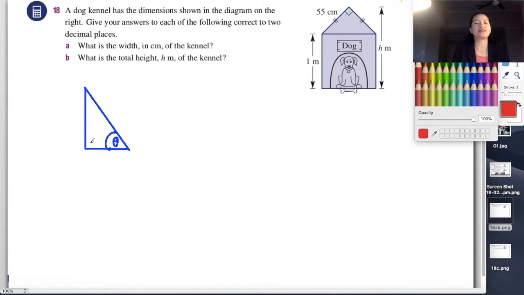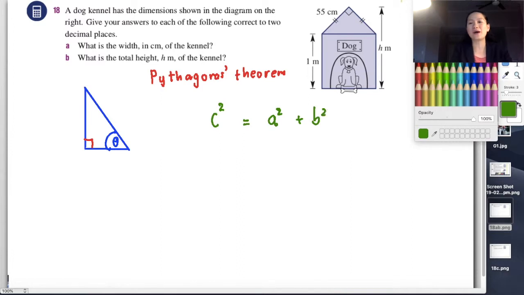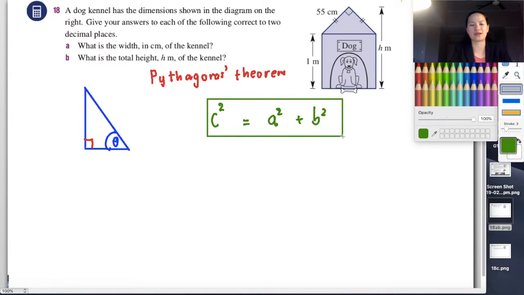And here is the right angle from Pythagoras Theorem. You will know that, okay? If you remember, c squared equals a squared plus b squared. But we need to understand about the formula. What are they?